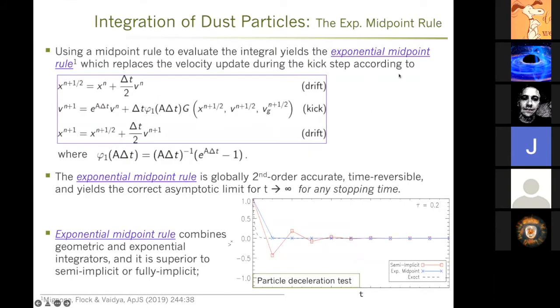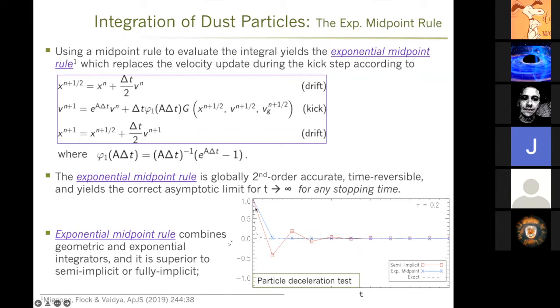Now, for example, you can use the exponential midpoint method, which is second order accurate, time reversible, and it will also yield the correct asymptotic limit when t goes to infinity for any stopping time, which is really amazing. So you don't care about your stopping time anymore. For example, if you have a particle which is decelerating really quickly, you can see here in the plot, the analytical solution is given by the dashed line.